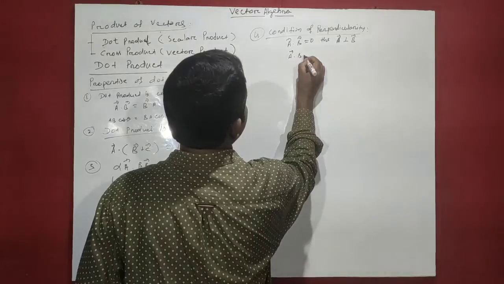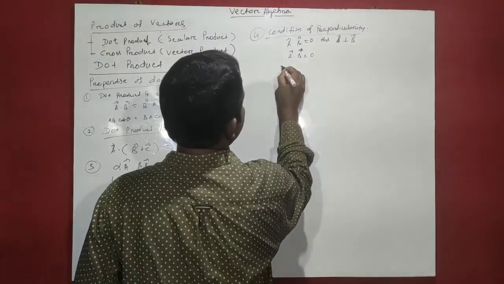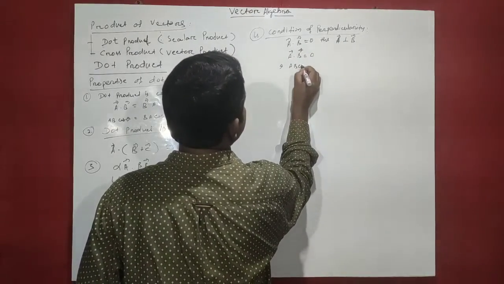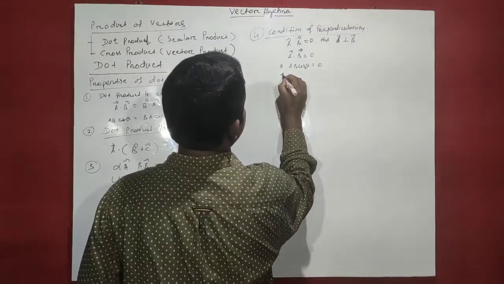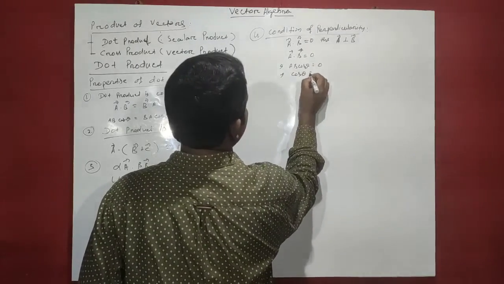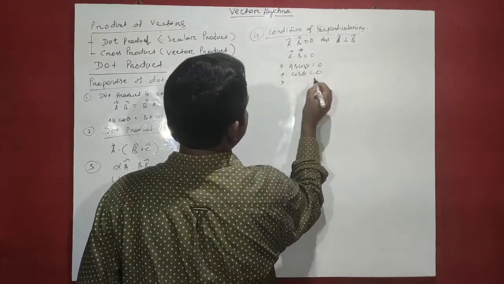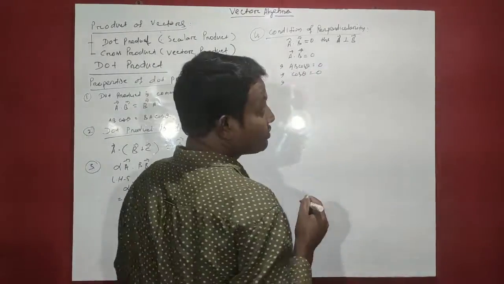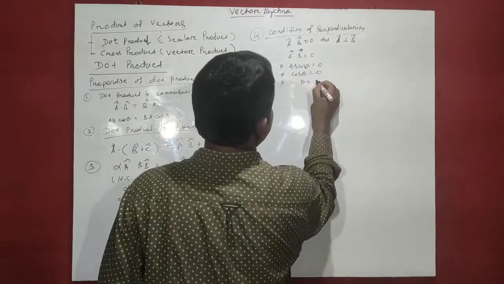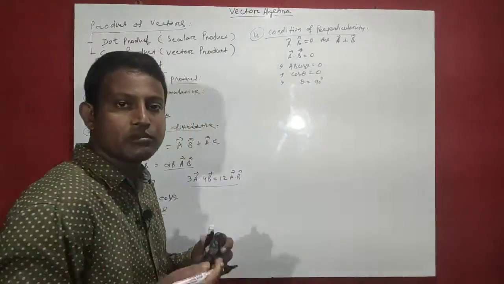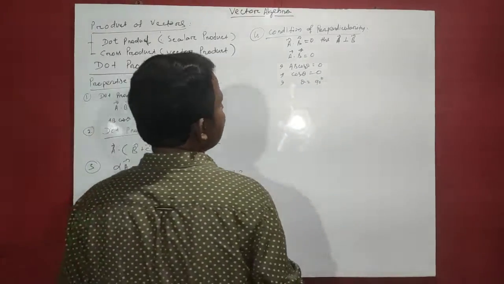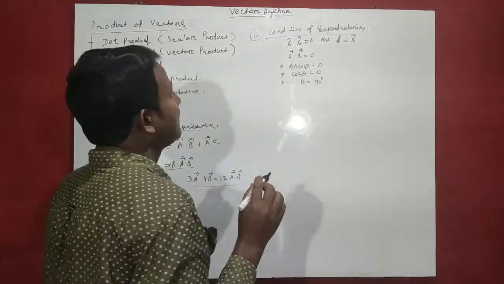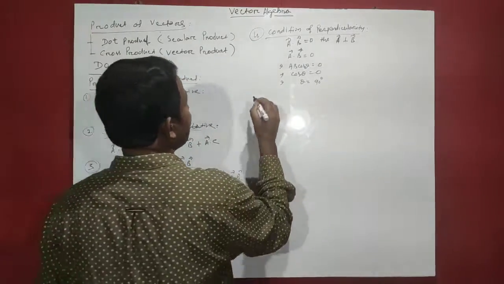Given that A dot B is equal to 0, AB cos theta is 0, so cos theta is 0, that means theta is equal to 90 degrees. We proved it.